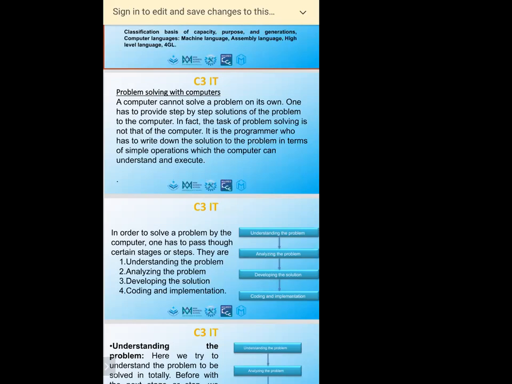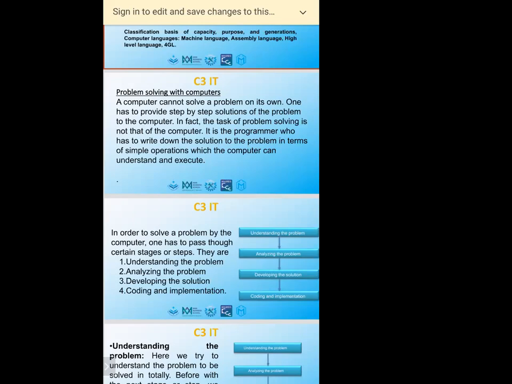According to the program, the computer knows what it has to do. It doesn't know by itself, and that's why a computer cannot solve the problem on its own. One has to provide the step-by-step solutions.